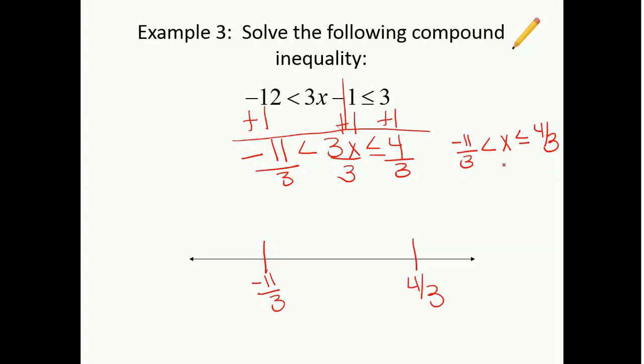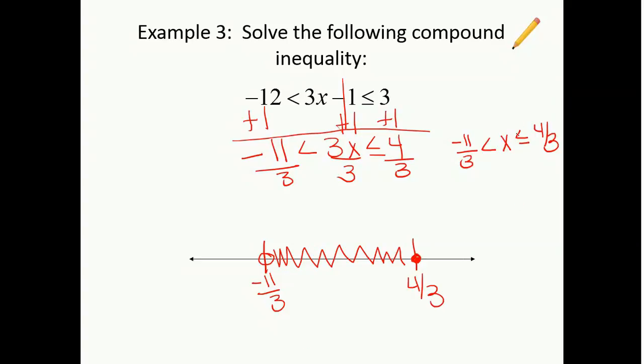Let's figure out the sign, the open dot or closed dot. Well, I know I have a less than symbol, so I'm going to have an open dot at negative 11/3. And then I'm going to have a closed dot at 4/3 there. Now, let's figure out which way am I going to go. So read from the variable. I know x is greater than negative 11/3. If he's greater than, he has to go this way. Okay?